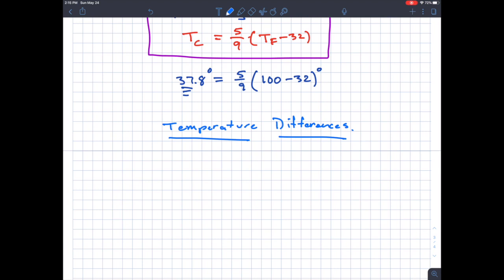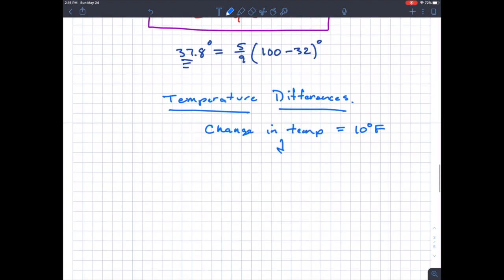Let's say that the change in temperature is equal to 10 degrees Fahrenheit. Okay, the question would be, what is the change in Celsius?